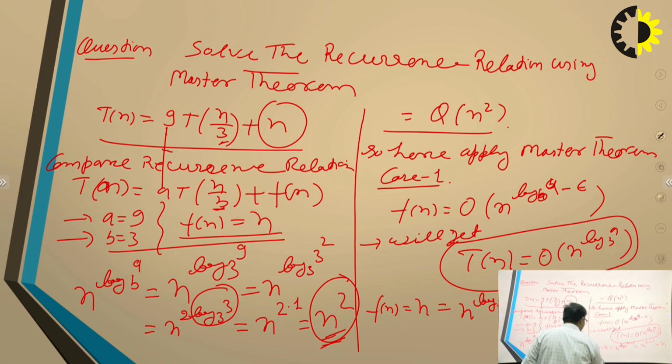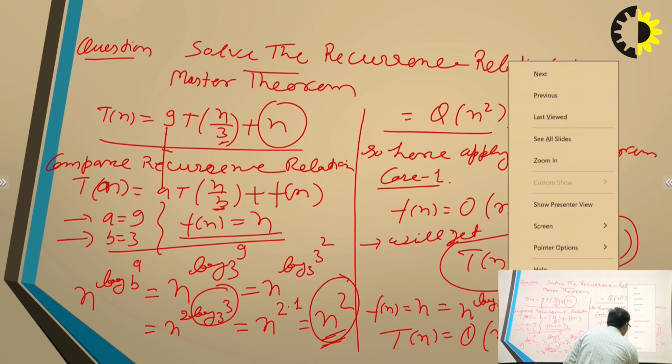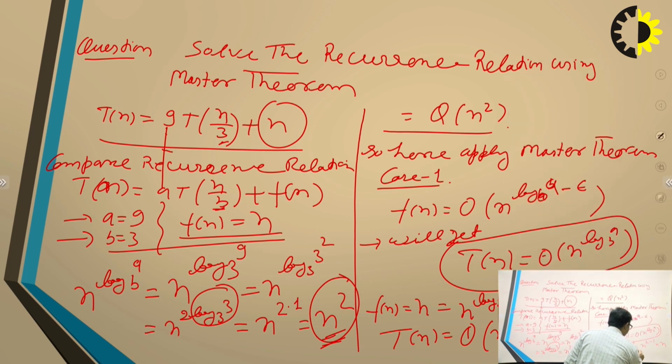Tn is equal to big O n to the power log a base b, which means big O n square.